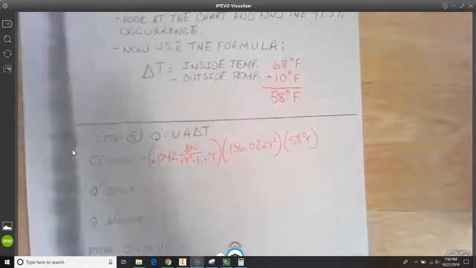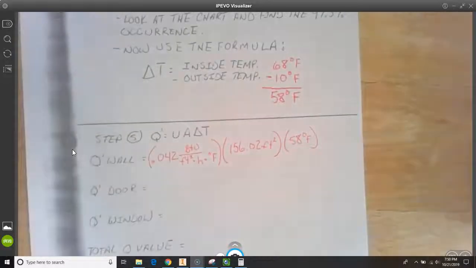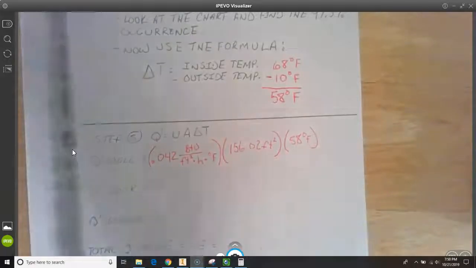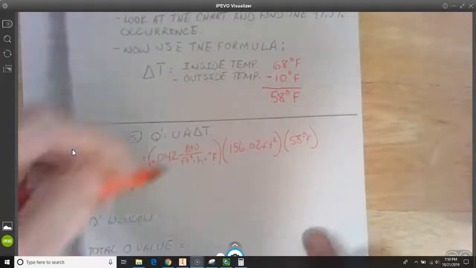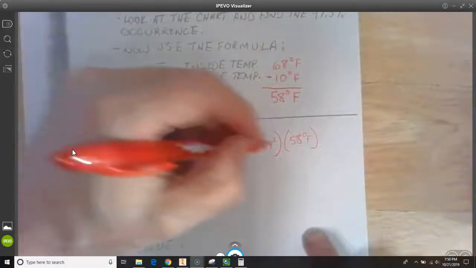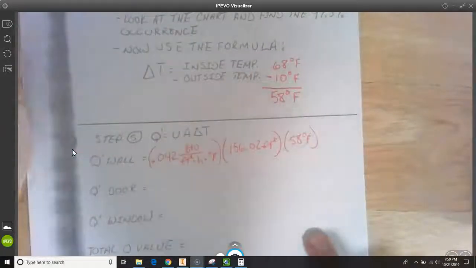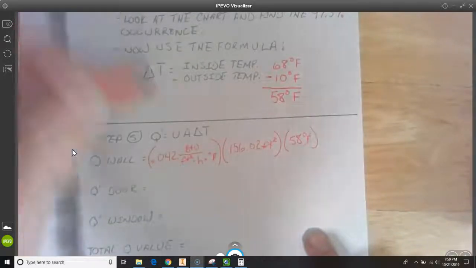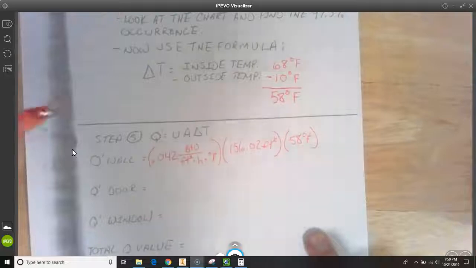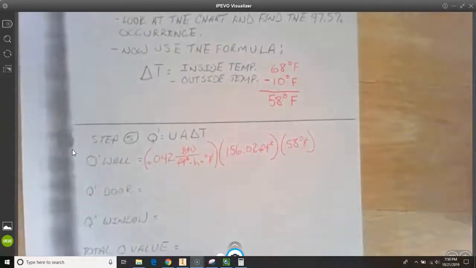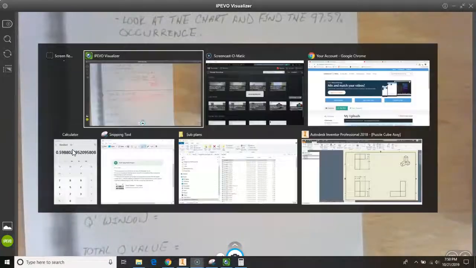Now, there's going to be some cancellation of units here. So let's take a look at that real quick. Feet squared is going to cancel out, and degrees Fahrenheit is going to cancel out. So whatever our answer is going to be, it's going to be BTUs over hours. Now, to the calculator.